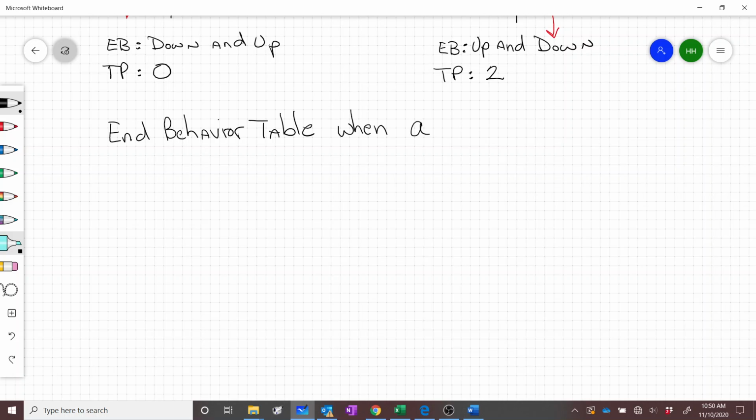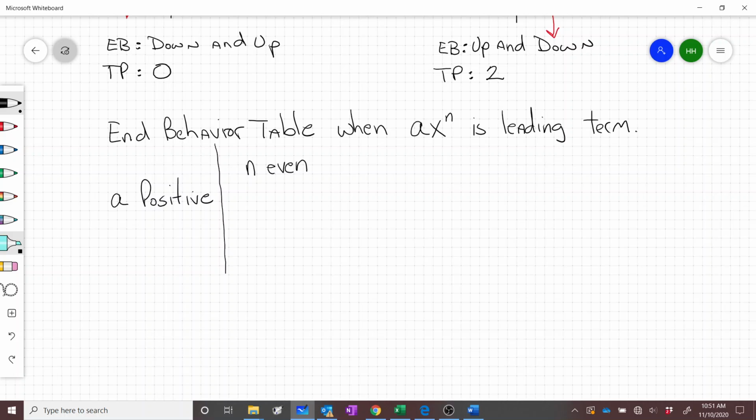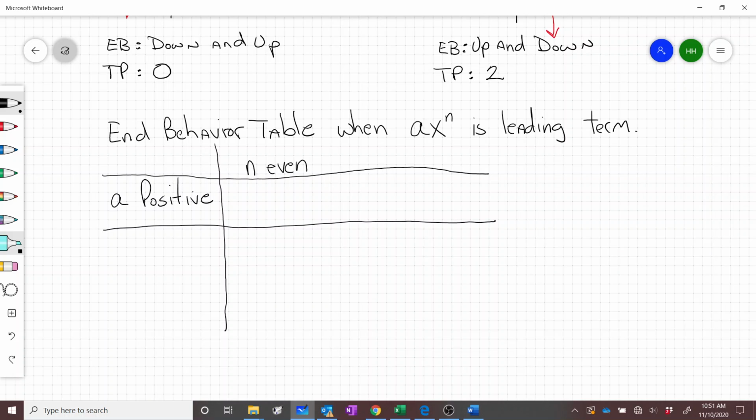When ax to the nth power is the leading term, if the a is positive and the n is even, we got up and up.